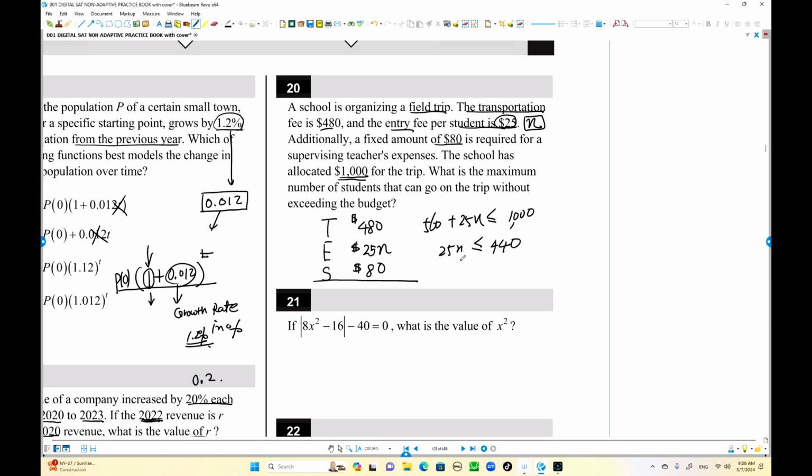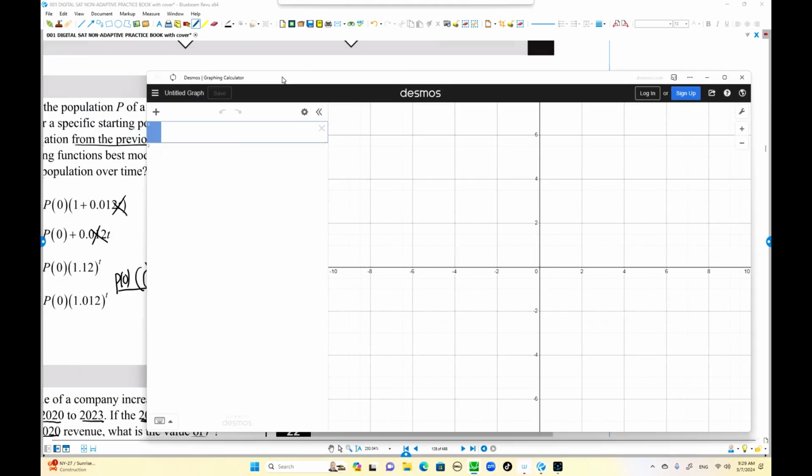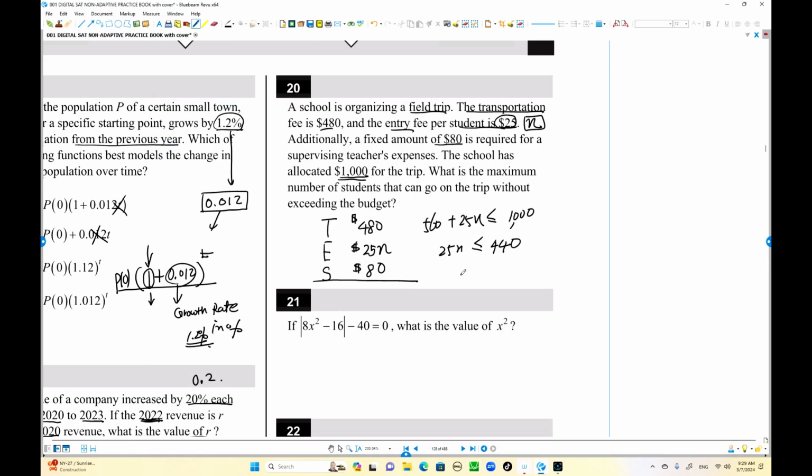Okay, so you can use your calculator. 440 over 25 is 17.6. Okay? 17.6. It'll be less than this number, but n is an integer, right? Because that is the number of students. So the value of n equals 17. Okay? 17 is the answer.